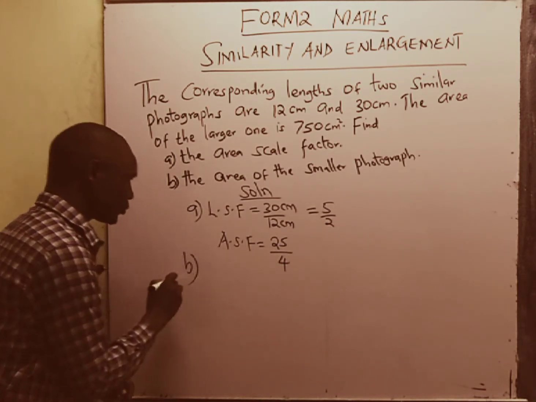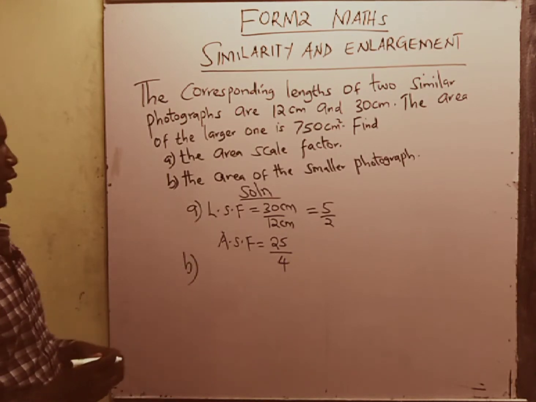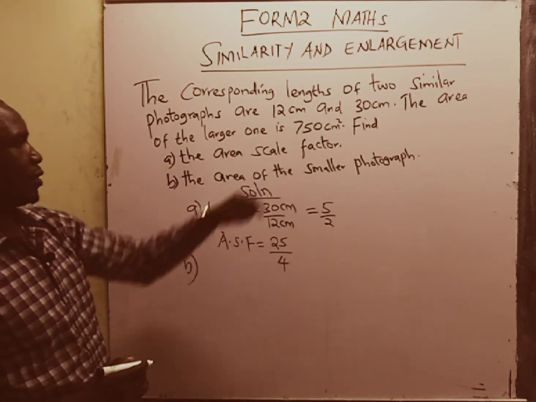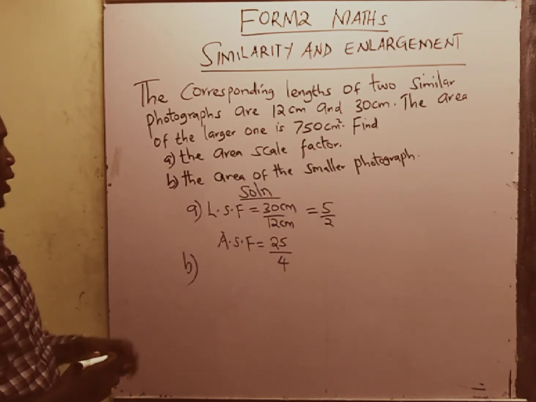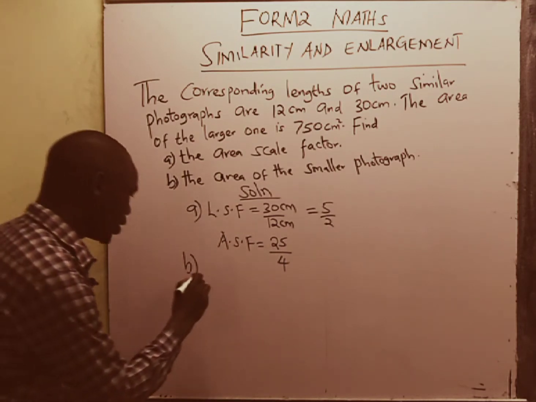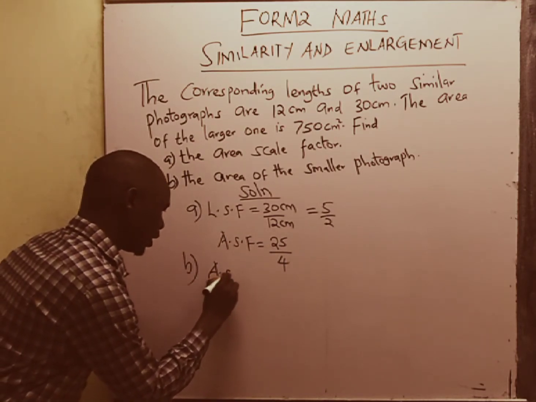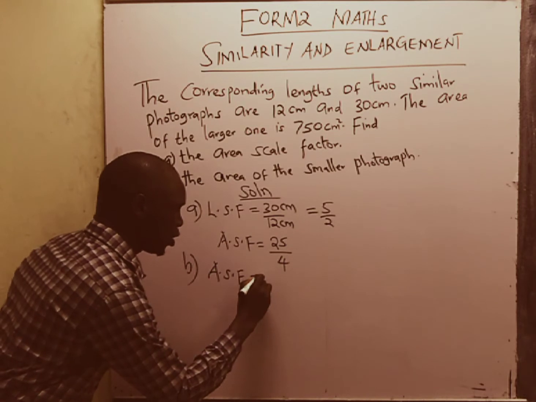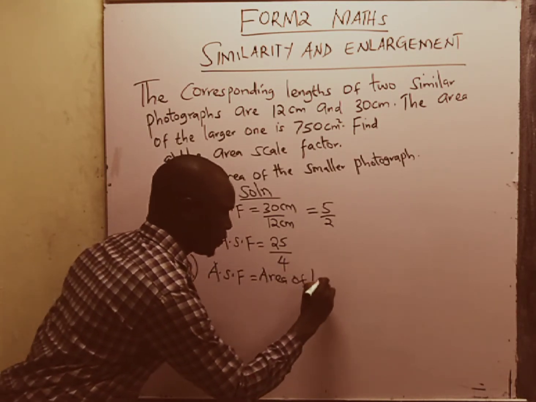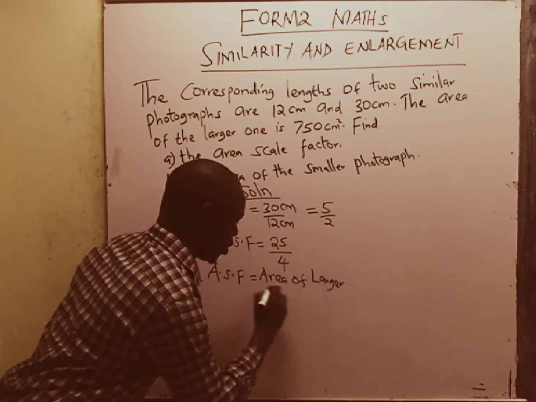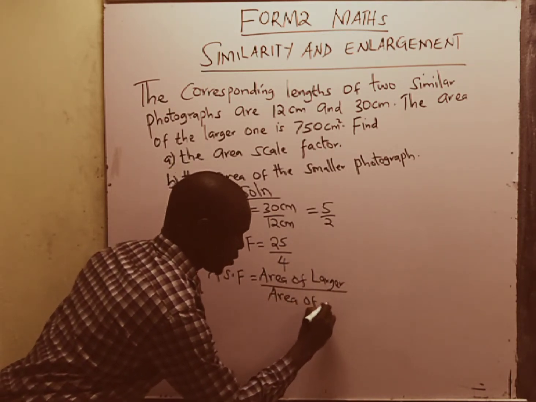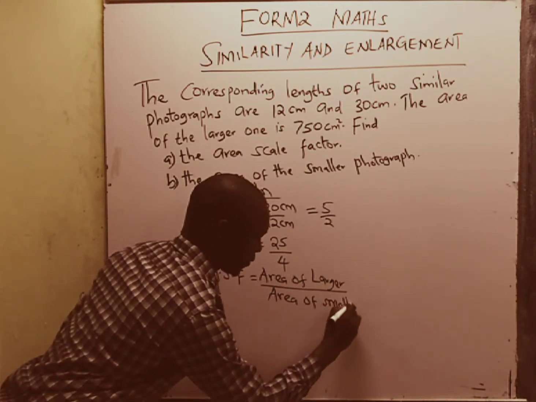B, the area of the larger photograph has been given as 750 centimeters square, and you are supposed to find the area of the smaller photograph. We know area scale factor is equal to the area of the larger photograph over the area of the smaller photograph.